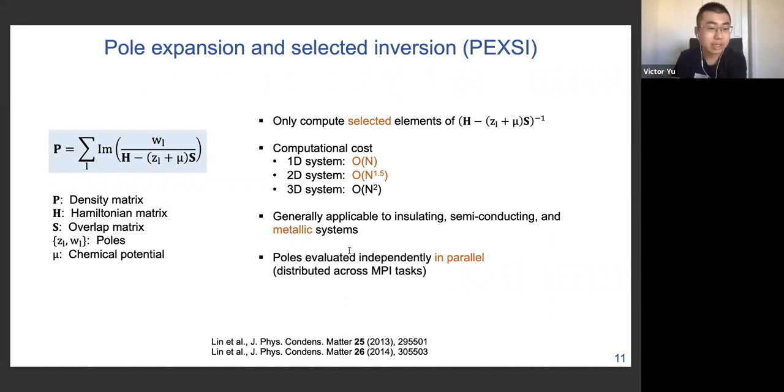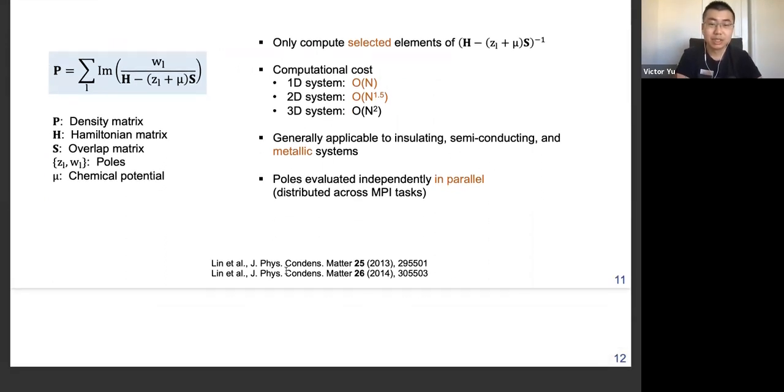And in terms of high performance computing, this is an expansion in terms of poles, and the poles are independent from each other. So each term in this summation can be computed fully in parallel. So you have a number of terms which are nicely distributed across the MPI tasks or computer nodes, which leads to a very efficient parallel implementation.